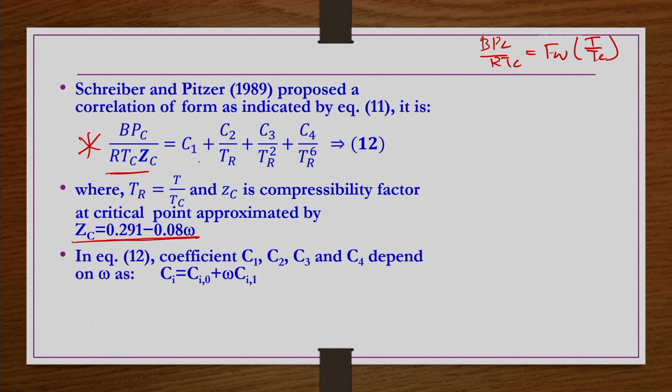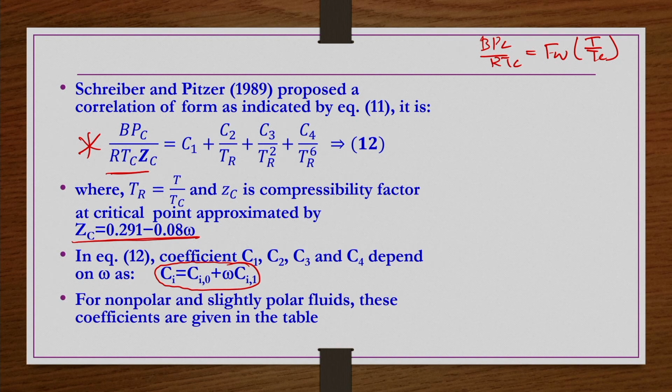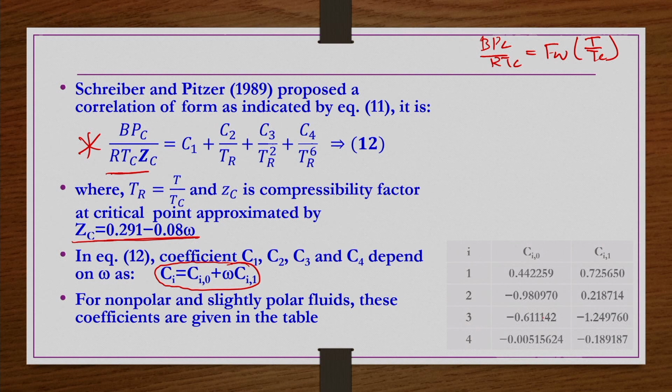Now, in this equation we have 4 constants C1, C2, C3, C4. They are again dependent on omega, as Ci equals Ci comma 0 plus omega Ci comma 1. For non-polar and slightly polar fluids, these coefficients are provided like this. If i equals 1, then this is C1 comma 0, and this is C1 comma 1.